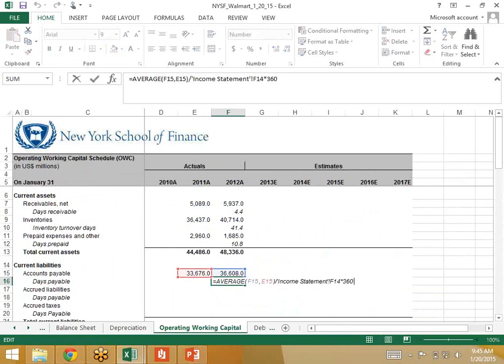There's the formula. Let me know if you have questions.